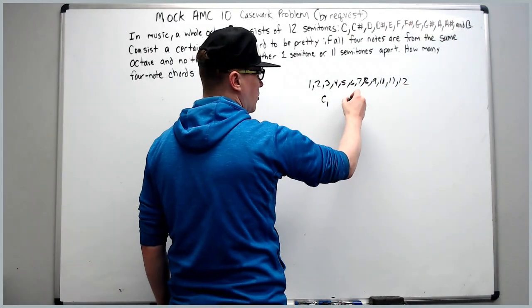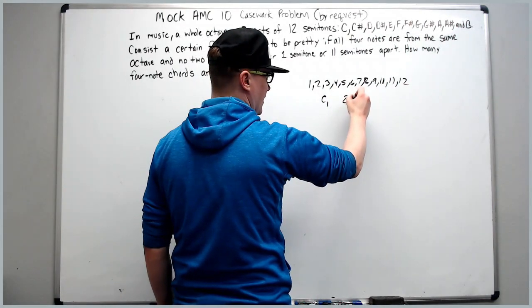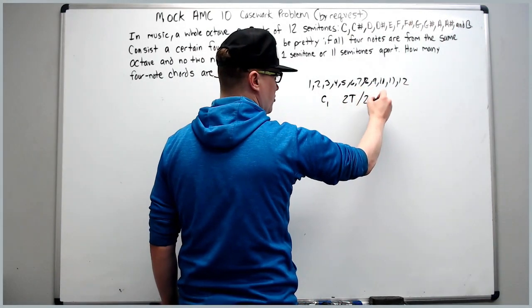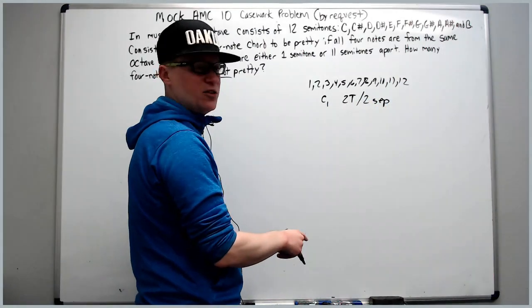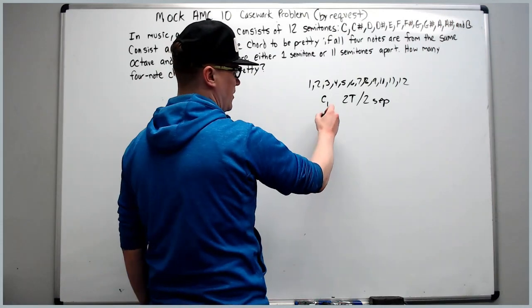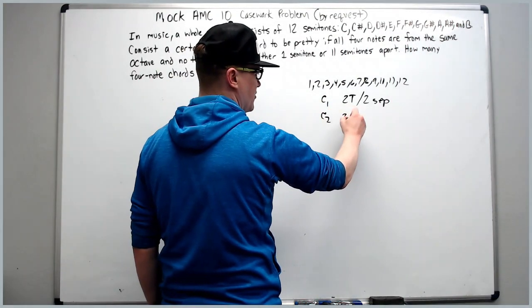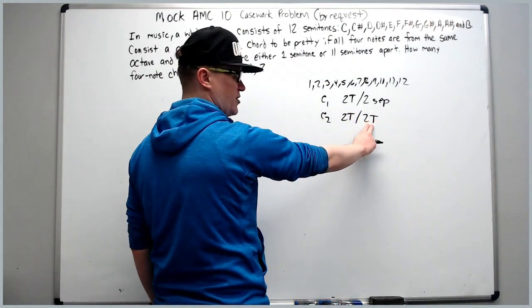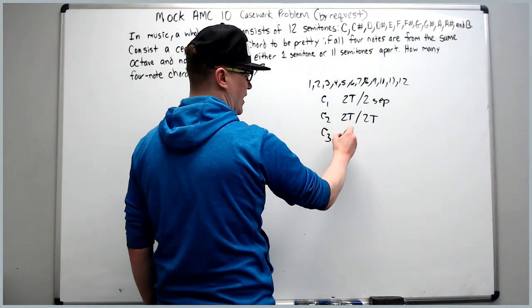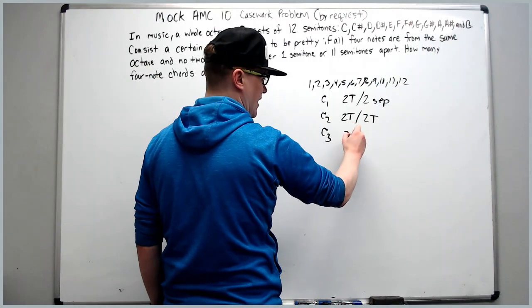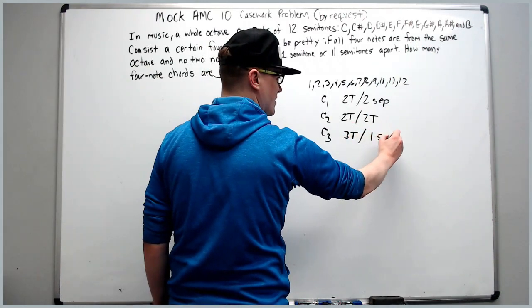Case 1 will be that there are two together and then two separate that are not together and they're not connected to these two. Case 2 is where we have two together and a separate two together that are not next to these two. The third case will be 3 together and 1 separate.